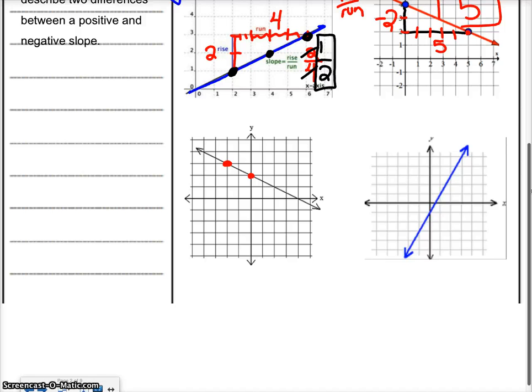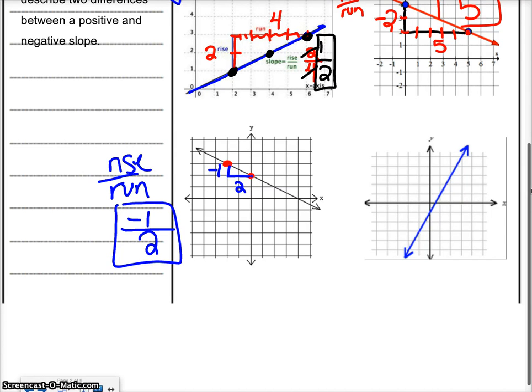I'm going to make my little triangle to help keep my slope on track for me. Knowing that slope is rise over run, I need to know how much did I rise or fall. So it looks like I went down 1. And how much did I run over? Looks like I went over 1, 2. So my slope is what I rose, which was down 1, over what I ran, which is 2. Negative 1/2 is my slope.